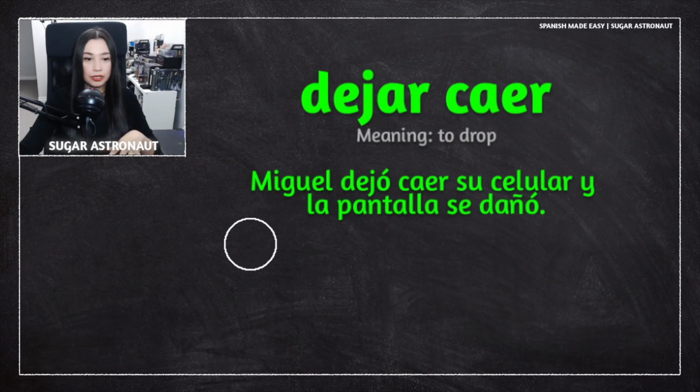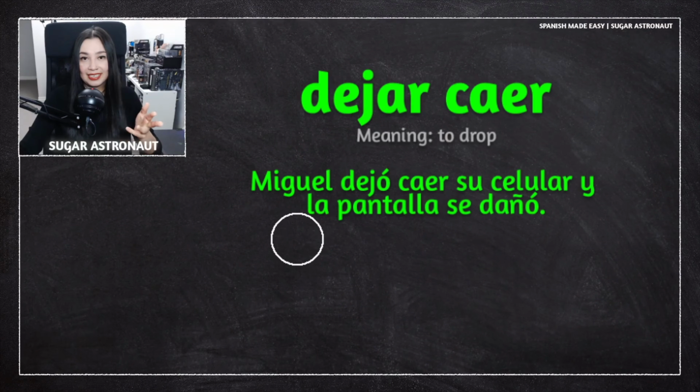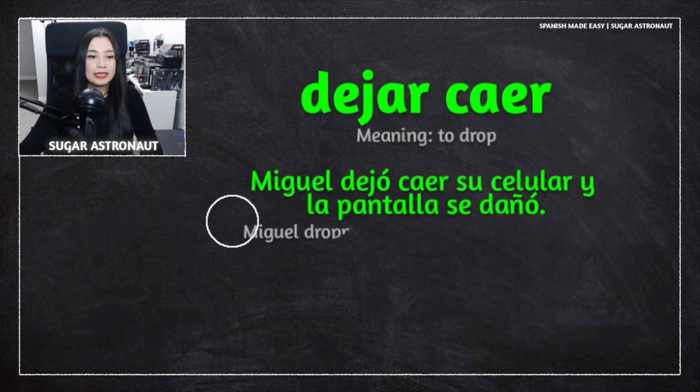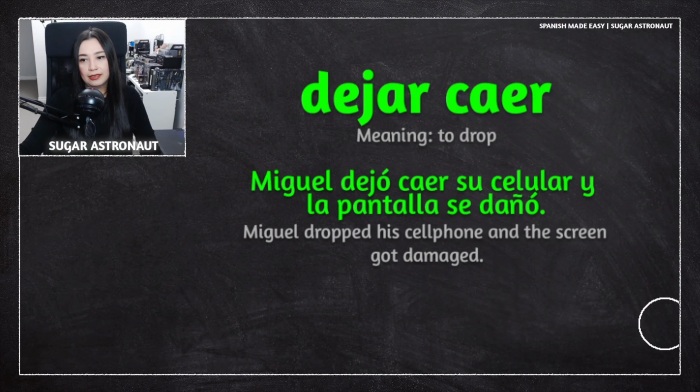Well, that's not good at all. That happens. This looks like an accident happened. This means Miguel dropped his cell phone and the screen got damaged. He let it fall. Oh, man.